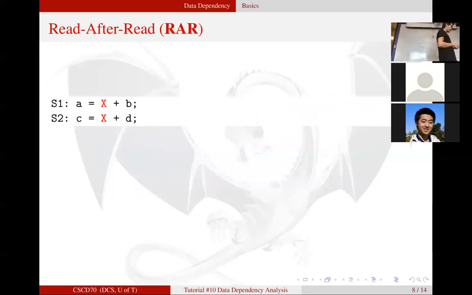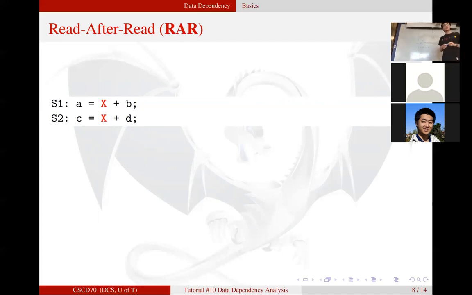Now that we have discussed three data dependency types, the final type we'll discuss is read after read. We have a simple program here: the first instruction, A equals X plus B; the second instruction, C equals X plus D. You might wonder what happens if we execute S2 before S1.